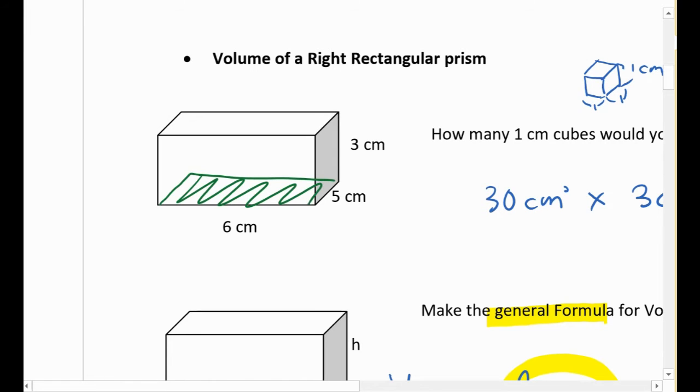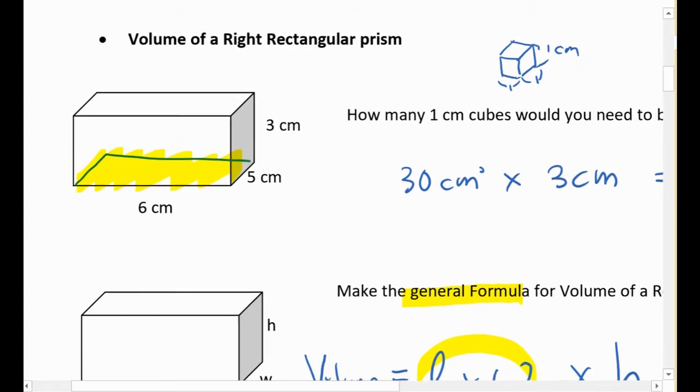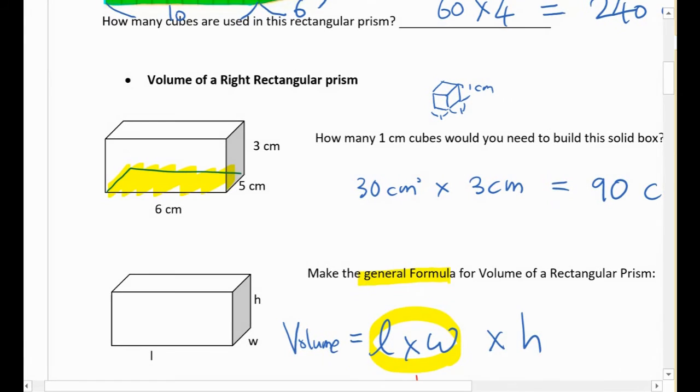Is that right? If you consider the yellow part as the base, to find the volume, the answer will be 6 times 5, the base area, times the height. The height is 3 centimeters, right? So 6 times 5 times 3 will be the expression for the volume.